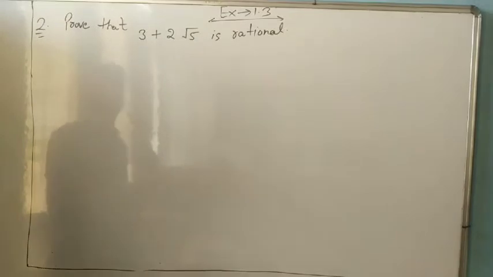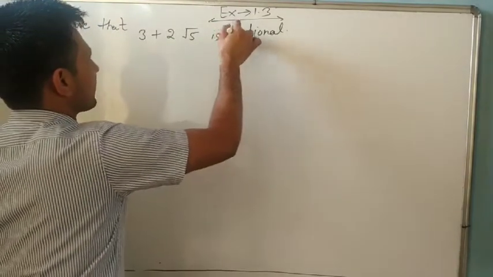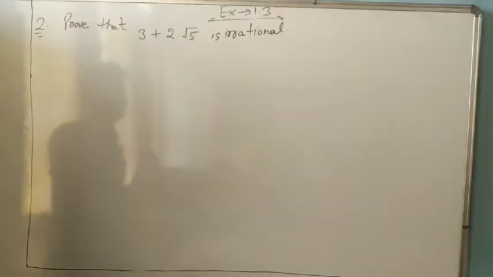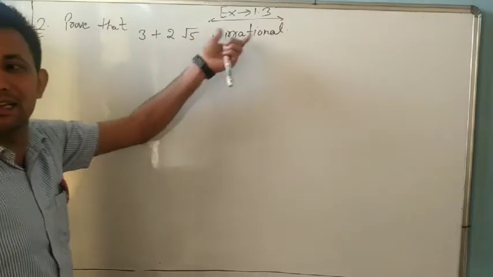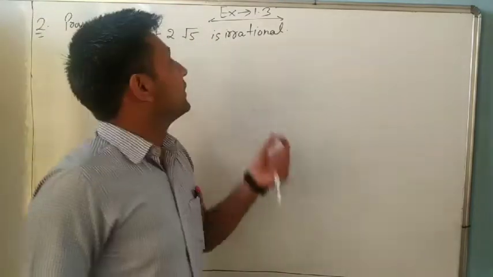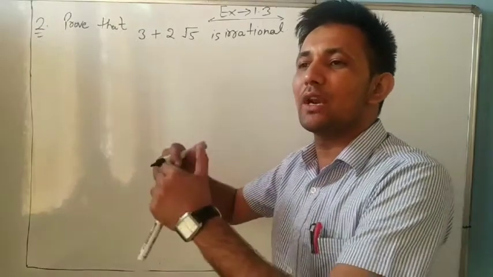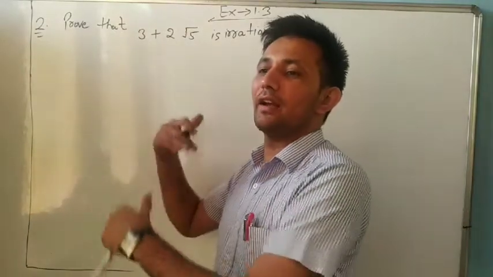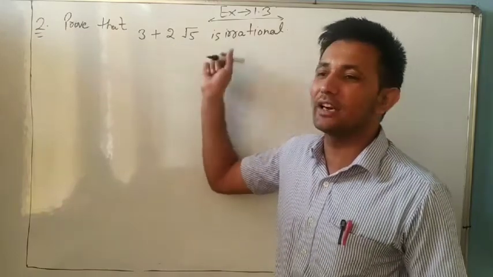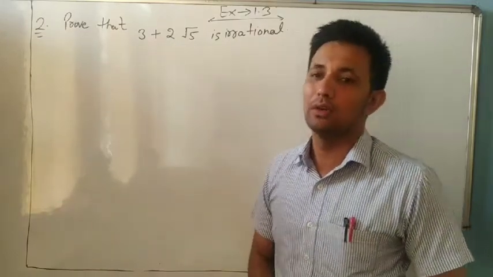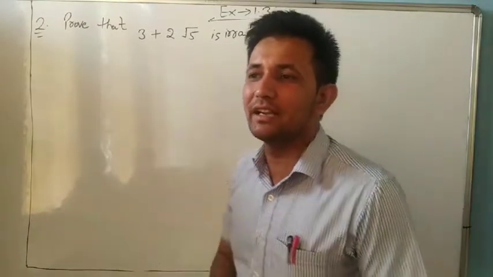Every time whenever we want to prove that it is irrational, what we will do, always first step we will take let it be rational. In starting we will take let it be rational, and in the last we will show a contradiction. If a contradiction arises, we can say that our consideration was wrong. If it is not rational, it means it is irrational.